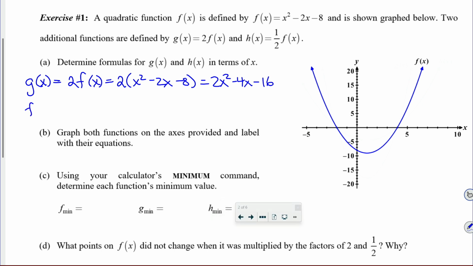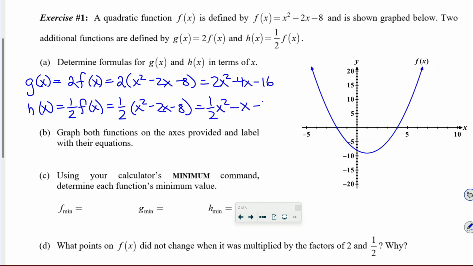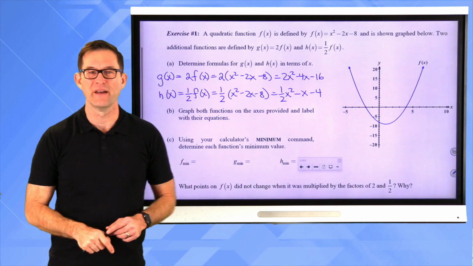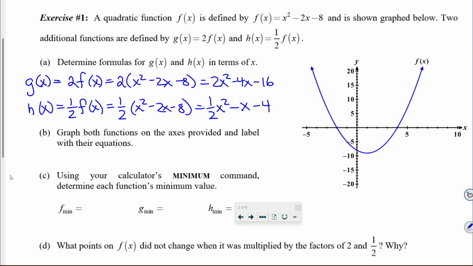But h of x is 1/2 times f of x, which is 1/2 times x squared minus 2x minus 8, which is 1/2 x squared minus x minus 4. All right, simple enough, right? That's no big sweat.